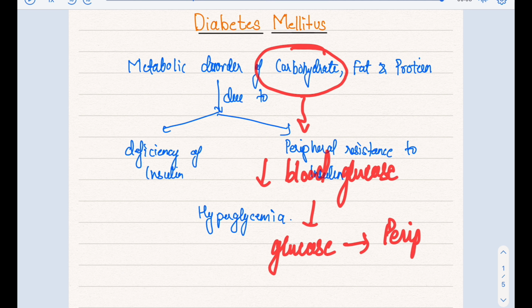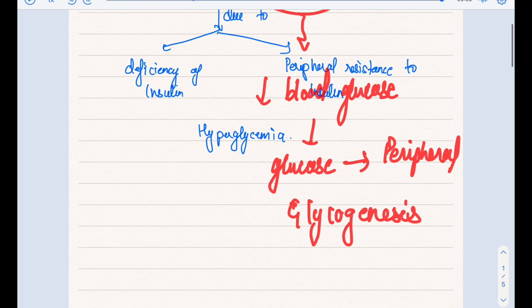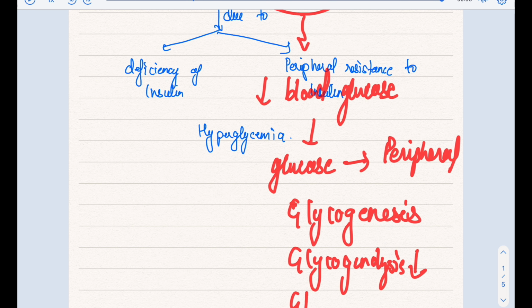So there will be more uptake of glucose by these tissues, and in the liver also there will be increased uptake of glucose, from which it will synthesize glycogen. So there will be more glycogenesis, and it will also decrease glycogenolysis, that is the breakdown of glycogen, and it is also going to decrease gluconeogenesis, which is the synthesis of glucose from amino acids.